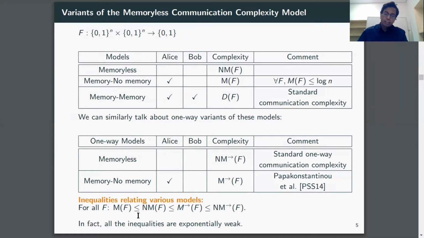It is not very difficult to see that this set of inequalities hold for all functions. And in fact, all these inequalities can be exponentially weak, in the sense that there exist explicit functions for which the complexity in this model is exponentially better than this one. And similarly, there exists a function for which this is exponentially better than the one, and similarly here.